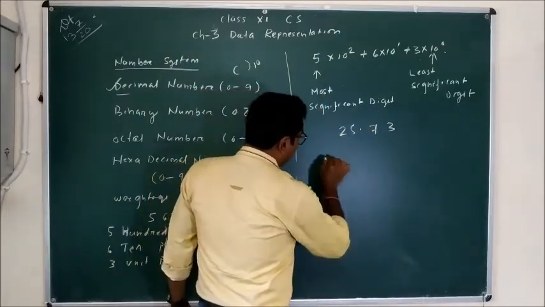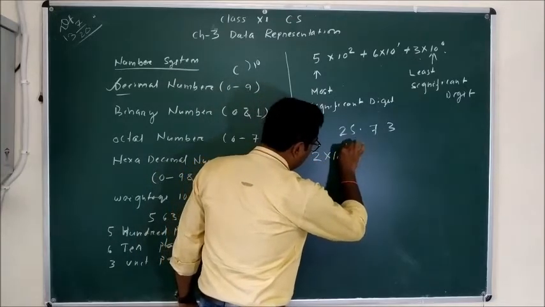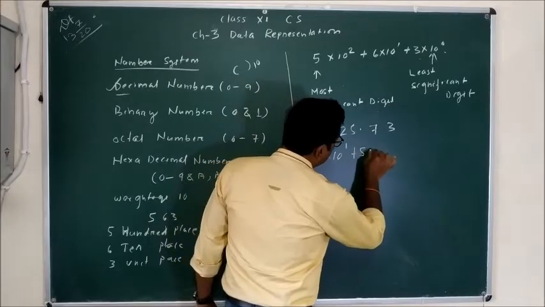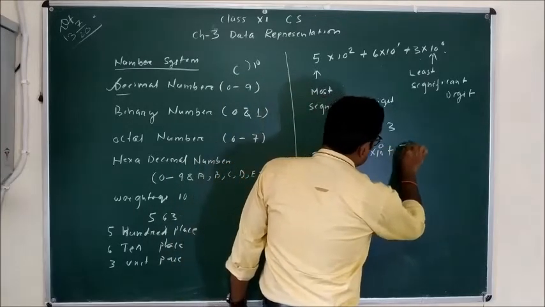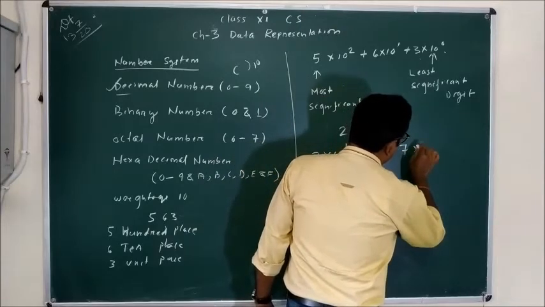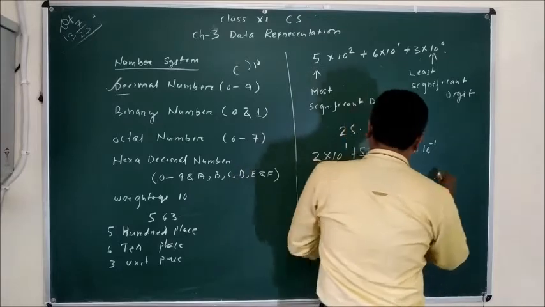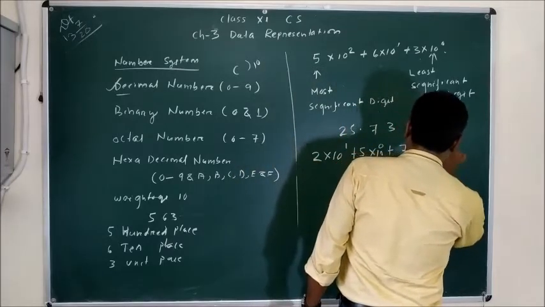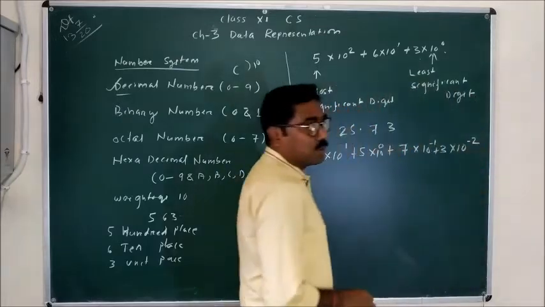That is 2 into 10 to the power 1 plus 5 into 10 to the power 0 plus 7 into 10 to the power minus 1 and 3 into 10 to the power minus 2.